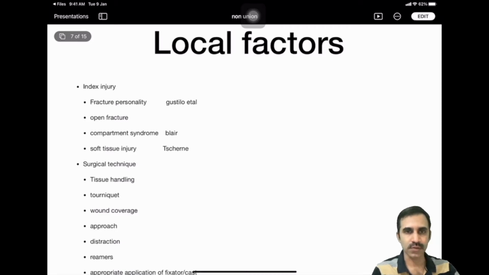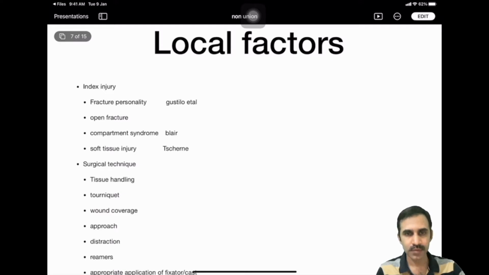The index injury means the fracture personality. When we move from Gustilo 1 to 3, we are moving from a less probable chance of non-union to a more probable chance of non-union. And open fractures have got more chance of going in for non-union.